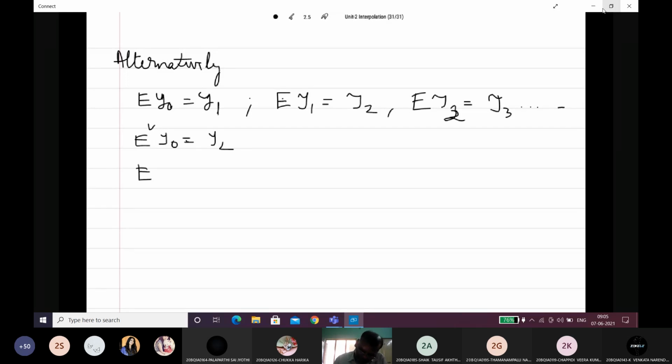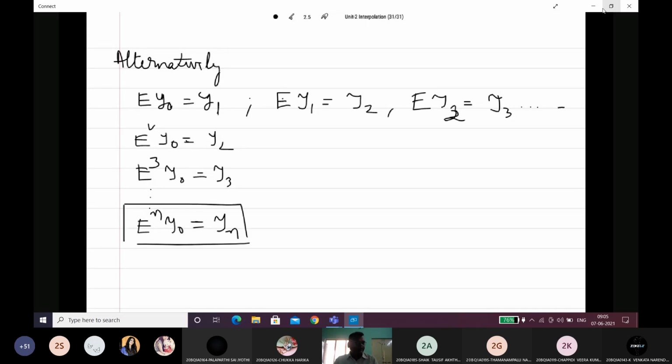E cubed gives y3, etc. E power n of y0 is equal to yn. That is how we take E directly.